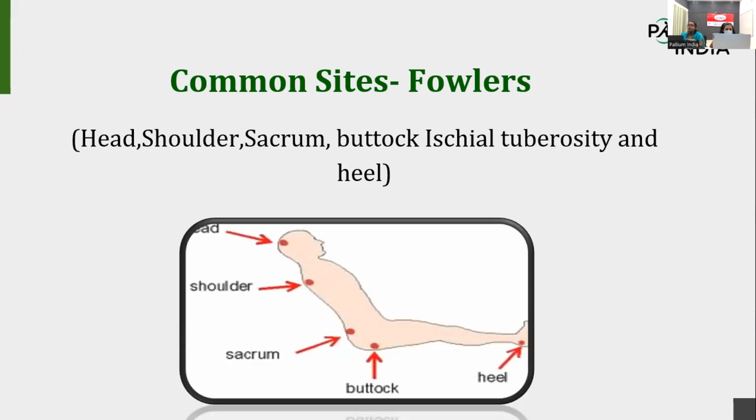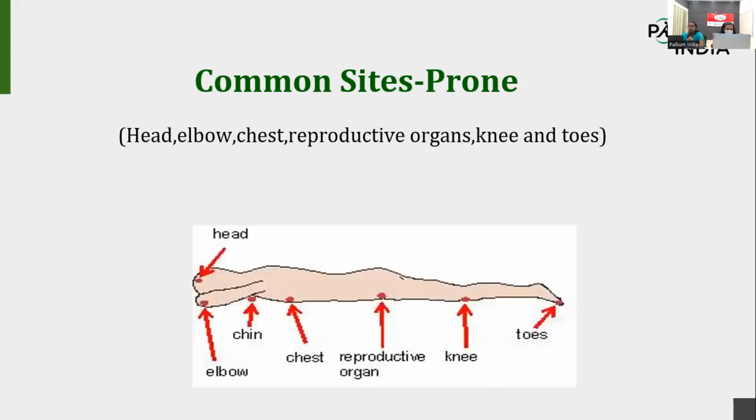We don't need to put the patient in supine or right lateral or left lateral position, but you have to turn at least 10 degrees. This pressure relief is mandatory for these patients also.